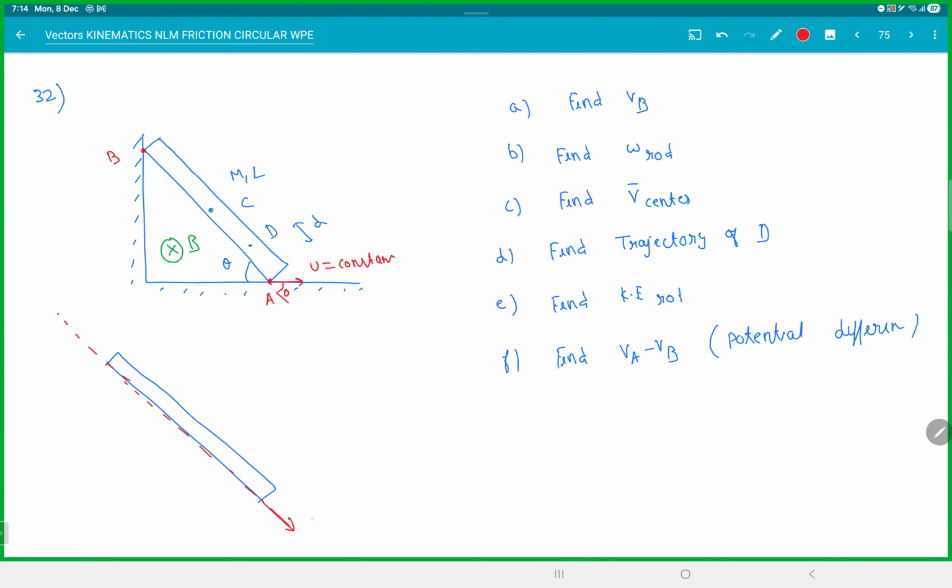This component will be u cos theta. This component will be u sine theta. This will be VB sine theta, because this angle will be 90 minus theta. This will be VB cos theta. So we will have VB sine theta is equal to u cos theta.